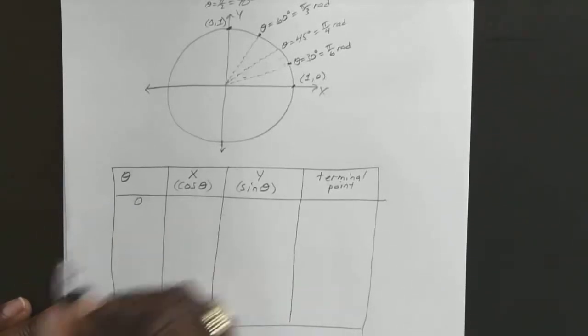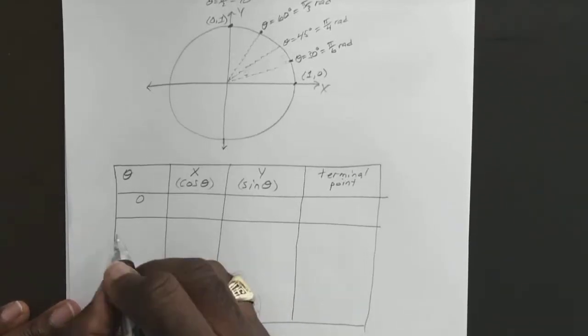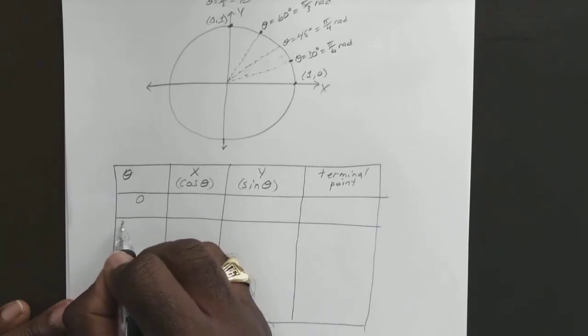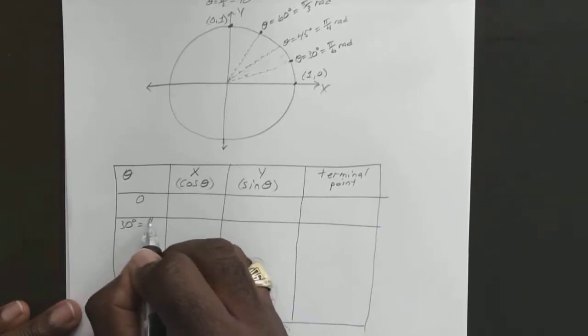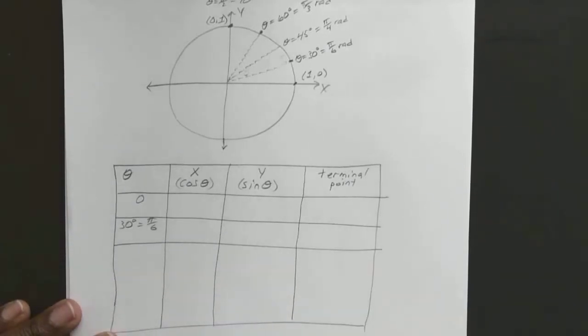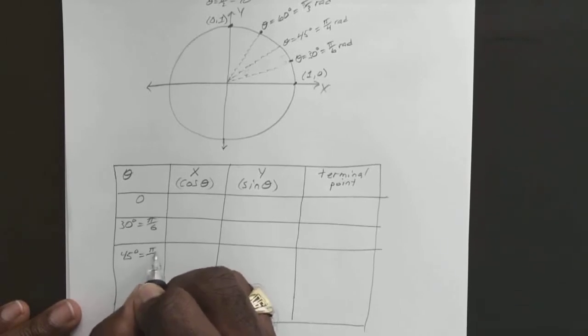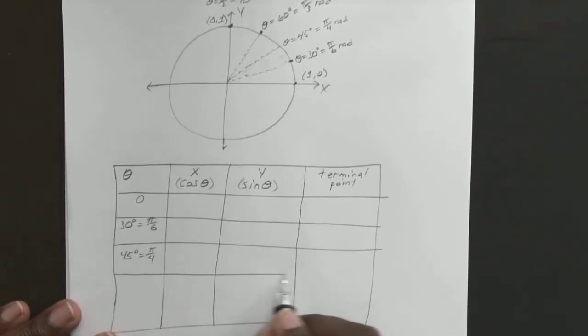Okay, so we're going to start at 0 for our degrees. Then we're going to have 30 degrees, or pi over 6. Okay, we're going to have 45 degrees, which is pi over 4 radians.